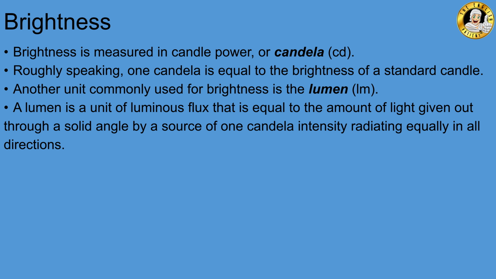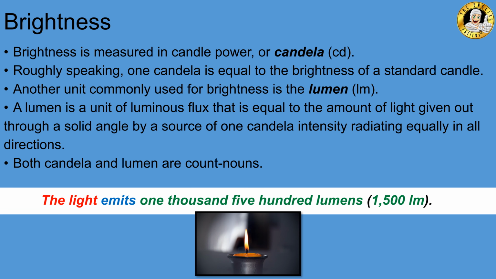A lumen is a unit of luminous flux that is equal to the amount of light given out through a solid angle by a source of 1 candela of intensity, radiating equally in all directions. Now, both candela and lumen are count nouns, so we add the s if it's not equal to 1. So the light emits 1,500 lumens.